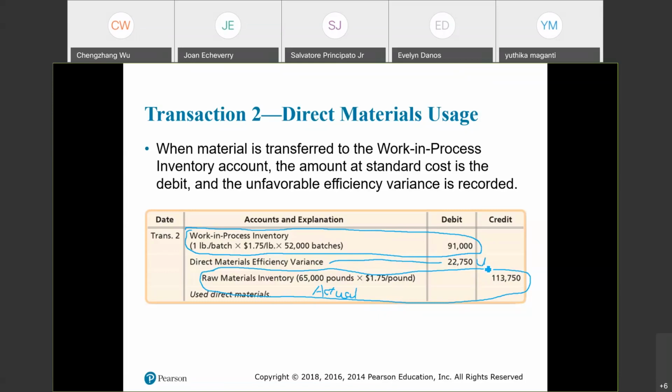That is unfavorable variance. So this amount, the first account, this amount is the standard.